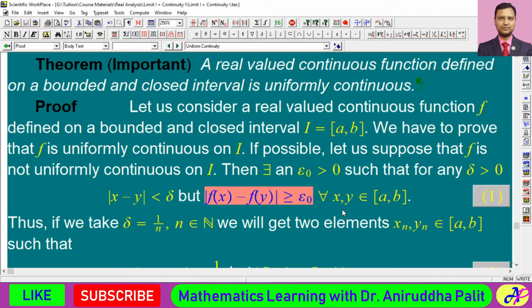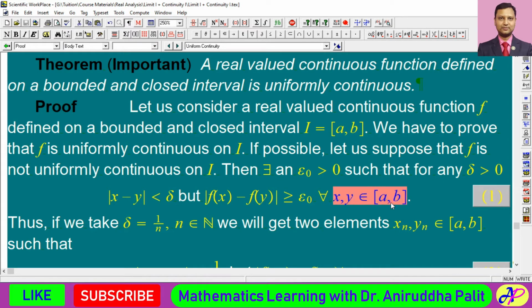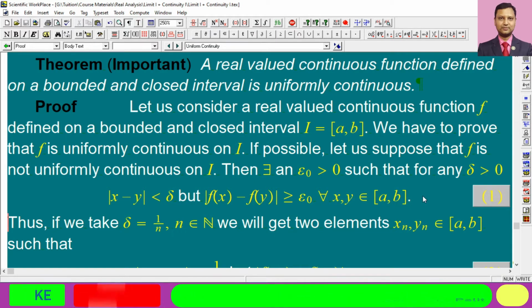And these results should hold for all x, y belonging to the interval AB.